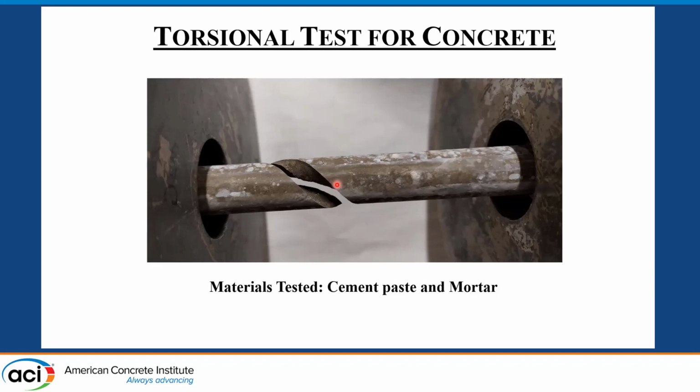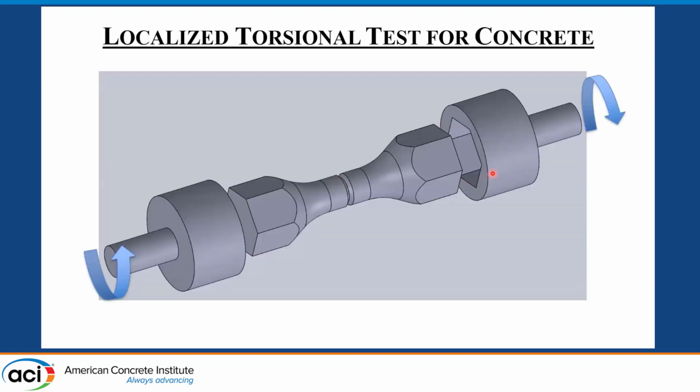So to mitigate that issue, we came up with a localized torsional specimen. The one that you see in the middle is the specimen, and to the left and the right are sort of hex sockets to hold them in place while testing.